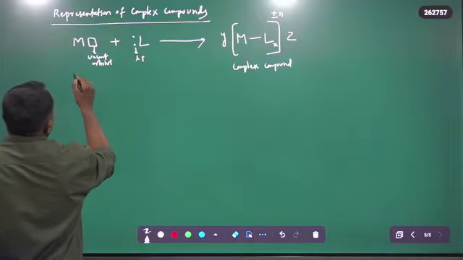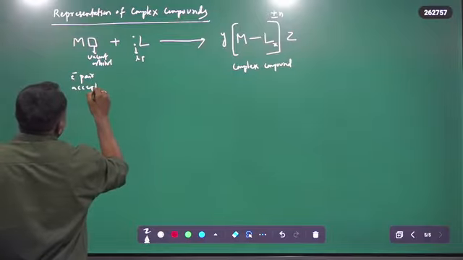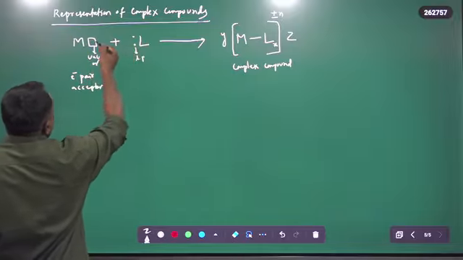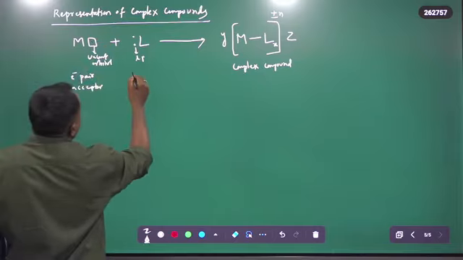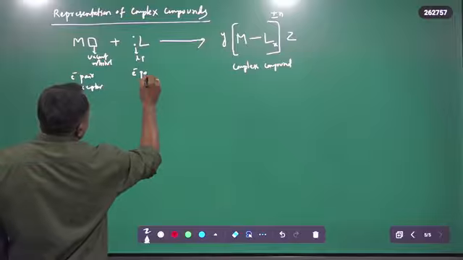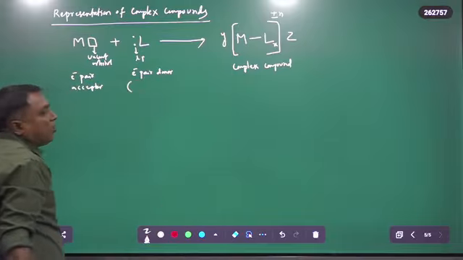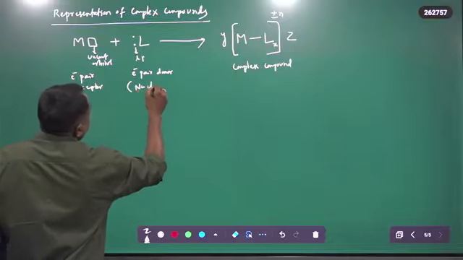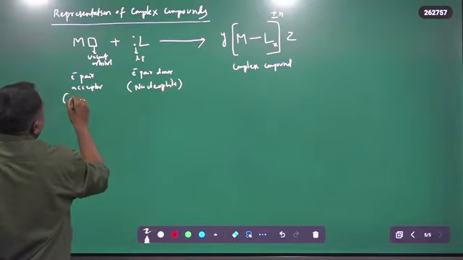The metal with the vacant orbital is generally the electron pair acceptor, because it accepts electrons into its vacant orbital. The ligand is the electron pair donor; an electron pair donor is a nucleophile, and therefore the metal is the electrophile.